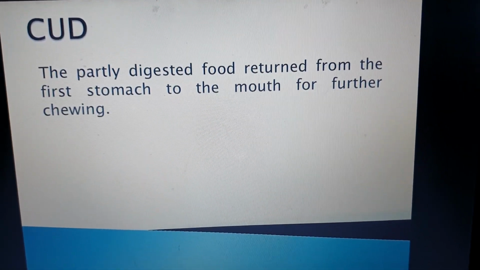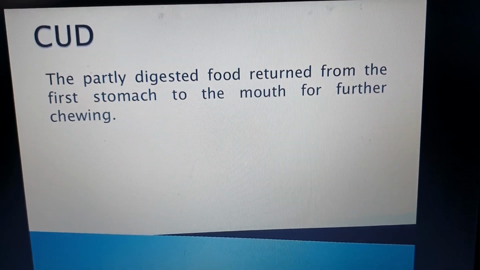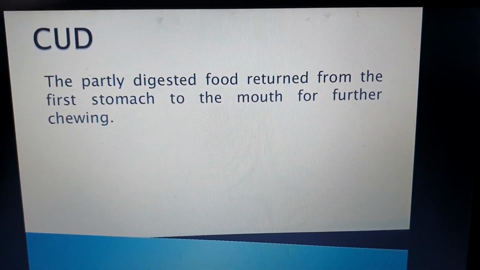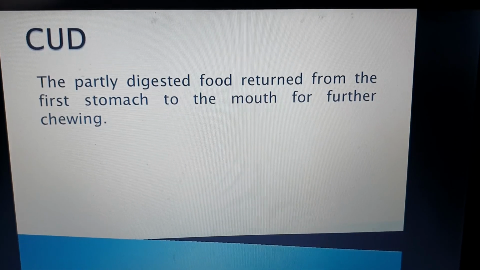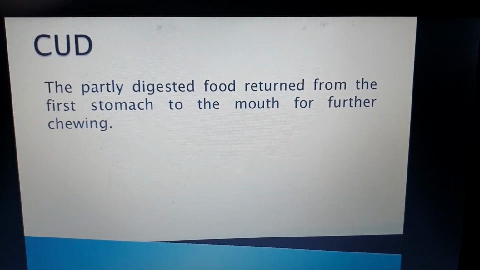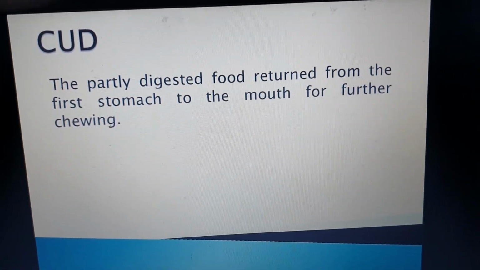So, partly digesting the food, returning it from the stomach to the mouth, and then they chew it nicely, and then they digest it. So this is called the cud. One more time I will repeat for you. Cud is the term when these animals only partly digest the food.